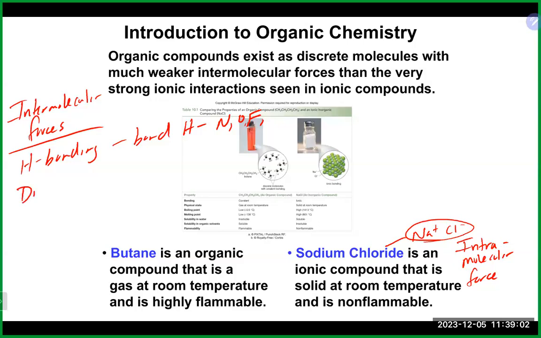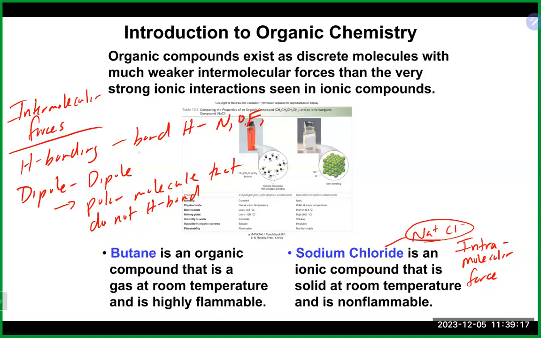We also have dipole-dipole interaction. And that is essentially what polar molecules use that cannot hydrogen bond. And obviously, hydrogen bonding is what polar molecules use that have the ability to hydrogen bond.